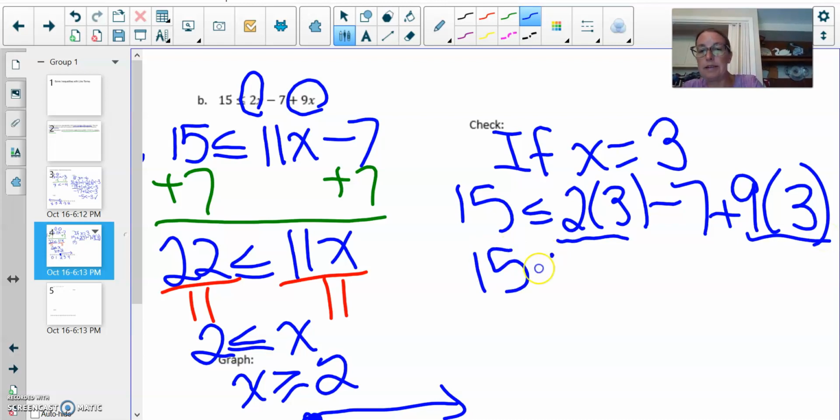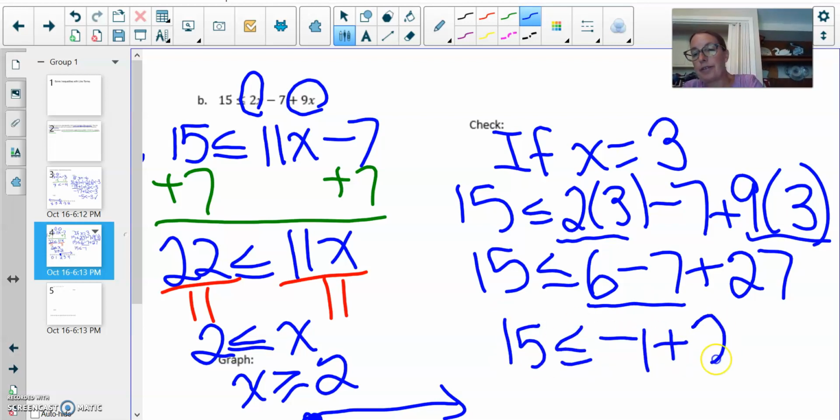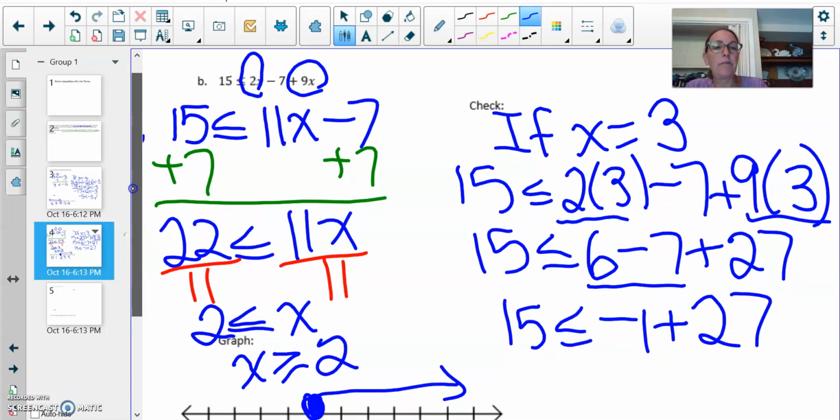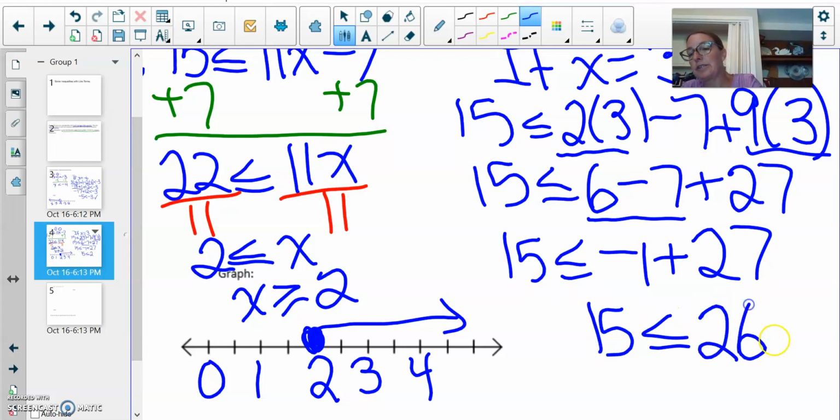So 15 is less than or equal to 6 minus 7 plus 27. 6 minus 7 becomes negative 1. And now -1 plus 27 becomes 26. So I get 15 is less than or equal to 26. That is a true sentence, so my solution made the inequality a true statement.